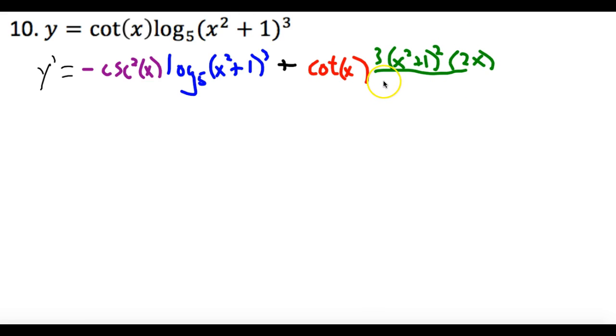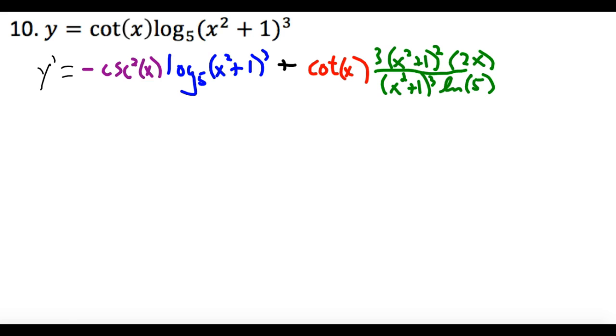Then just over the inside, so over x squared plus 1 cubed times the natural log of the base, which is 5. All right? So we could clean this up a little bit. Right? I could cancel out 2 of these factors, just to make it look a little bit nicer. Right? But I'm not going to write all that out again.